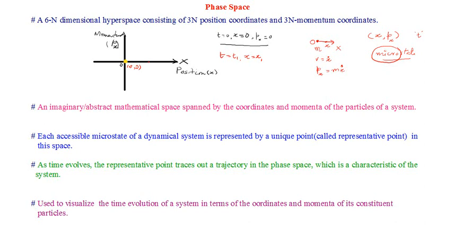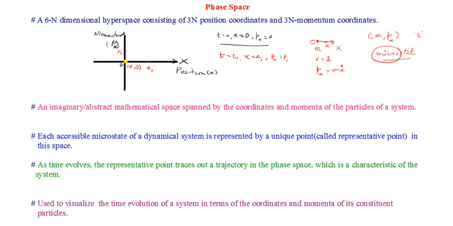And since it is in motion, of course, it will have some momentum, because momentum is mass times velocity. If the body is in motion, it should have some momentum. So let px have some value, say p1. It can be anything, depending on the velocity. I'm taking some arbitrary values as an example.